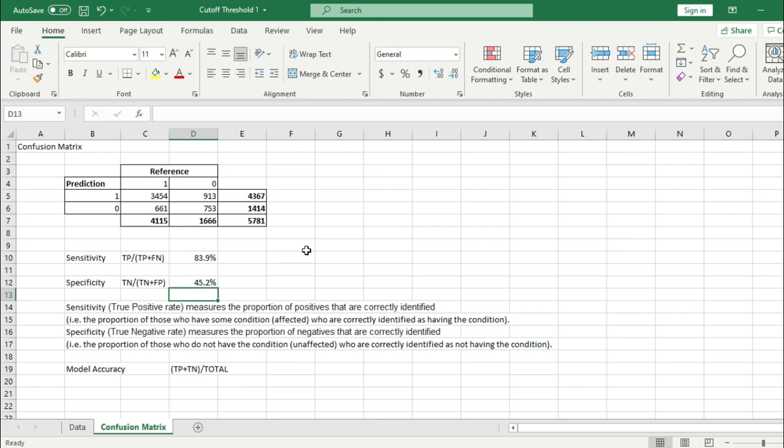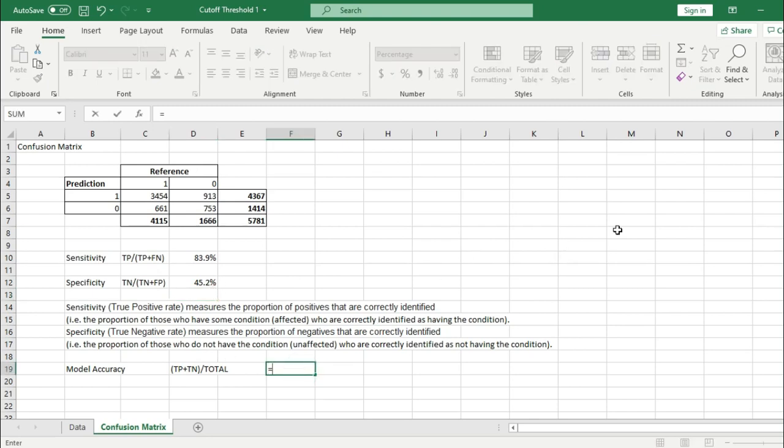Now let's compute the general accuracy of the model, and that will be the sum of the true positives plus the true negatives divided by the total number of observations. That will be 5,781. So we have a model accuracy of 72.8%.